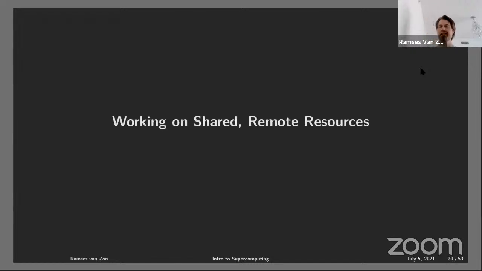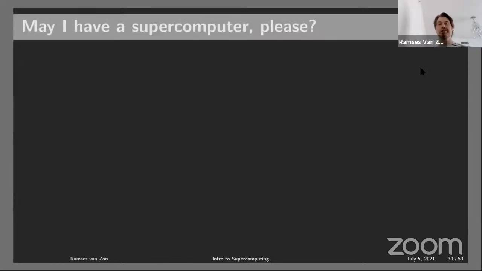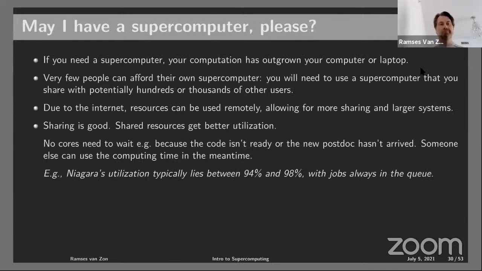Okay, so we're going to have to think about how we do things in parallel. Sometimes it's easy, sometimes it's more work. But we also have to think about the resources we're getting. And what we're getting is access to shared remote resources. Because the answer to the question, may I have a supercomputer, please, is almost always no. If you need a supercomputer, your computation or computations have outgrown your computer, right?